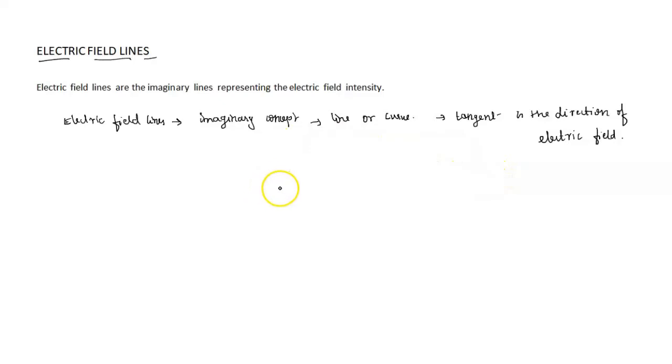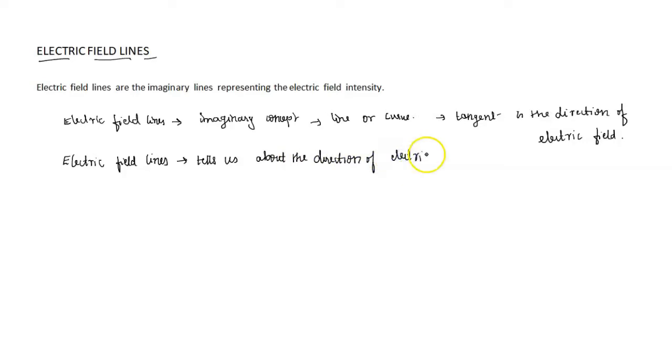So the electric field lines tell us about the direction of the electric field, or in particular how we represent an electric field.